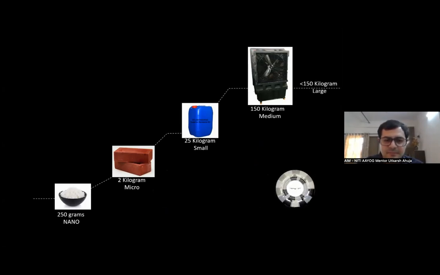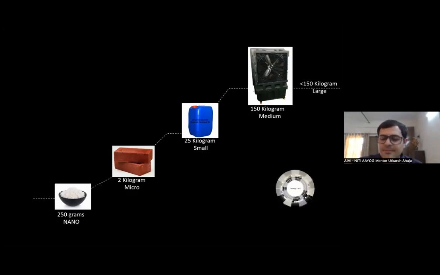Between that and up to brick weight, which is 2 kilograms, we call it micro. Above that, to less than a 25-liter industrial kerosene oil can, it is called a small drone. Above that, it's called a medium drone, which is the weight of a cooler. And above 150 kilograms, every drone or unmanned aerial system is called a large drone.